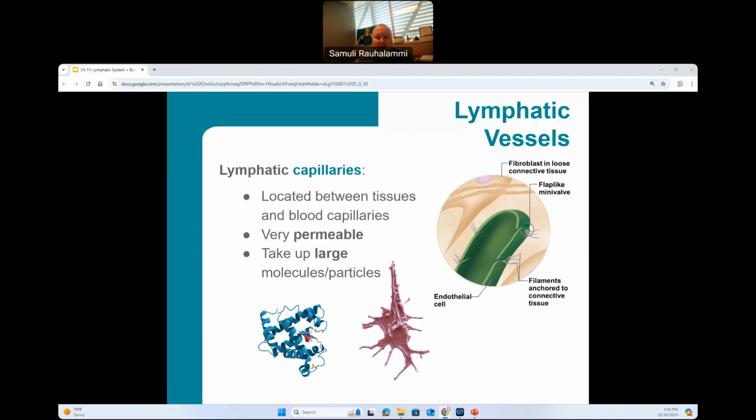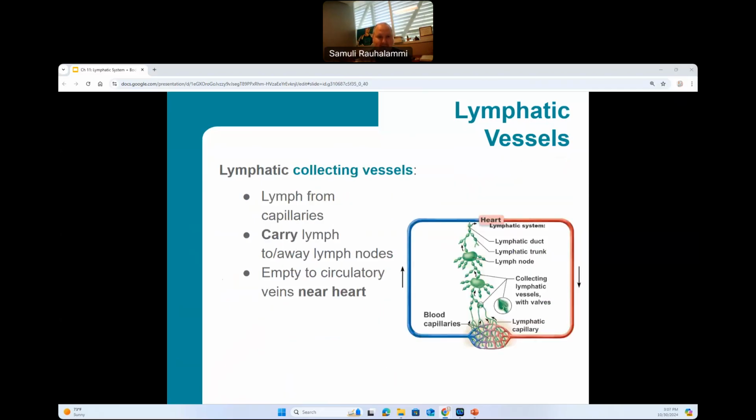We'll see that a higher pressure on the inside closes these mini valves, so that the leakage is not out of the capillaries, it's into the capillaries and then up the capillaries. This fluid is forced along the vessel until it gets dumped next to the heart, back into the cardiovascular system.